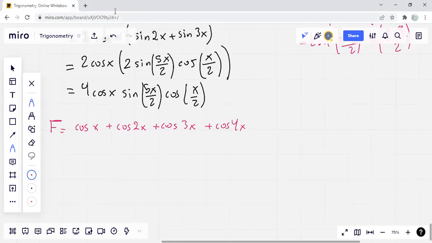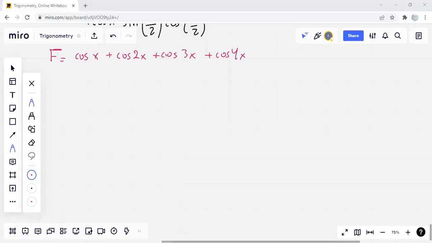Okay, so in order to solve this one, we can also group cosine x with cosine 2x and cosine 3x with cosine 4x. This will work out. Okay, but we'll also try to do cosine x with cosine 3x and cosine 2x with cosine 4x. Okay, it will work both ways.